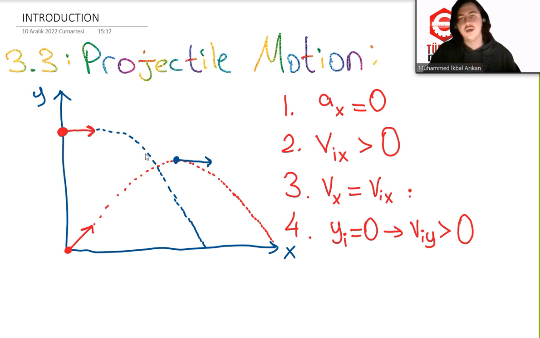This always happens in our projectile motion problems. And initial velocity in x must be bigger than 0. So you will see in our problems that velocity in x is always equal to initial velocity in x, because there is no acceleration. And the fourth rule: I must have an initial height if our velocity in y equals 0.